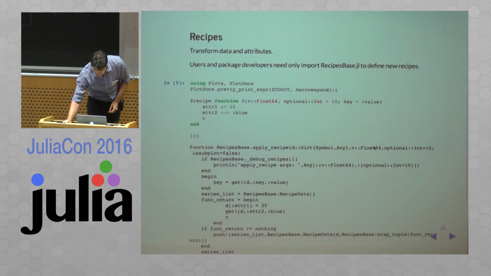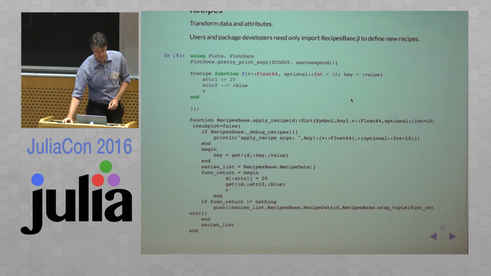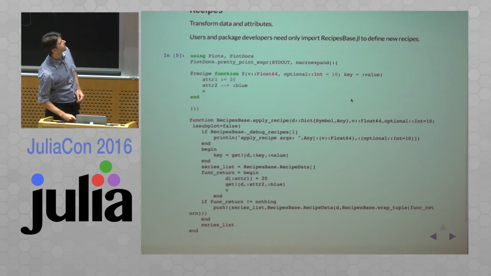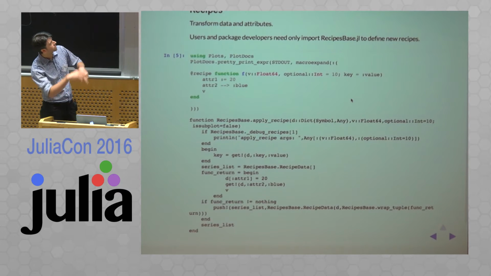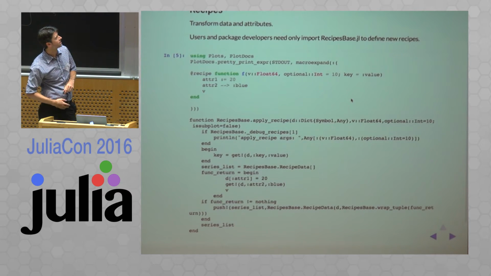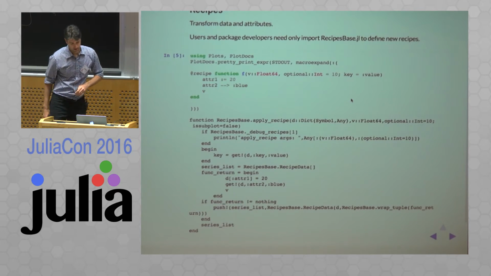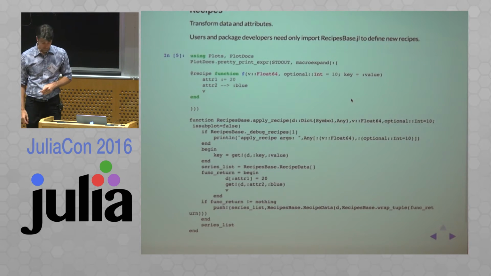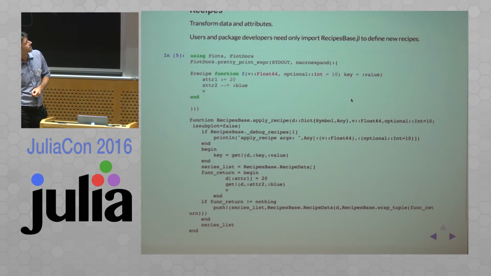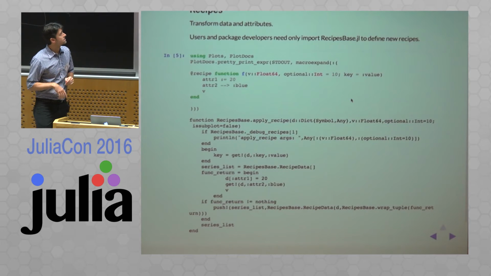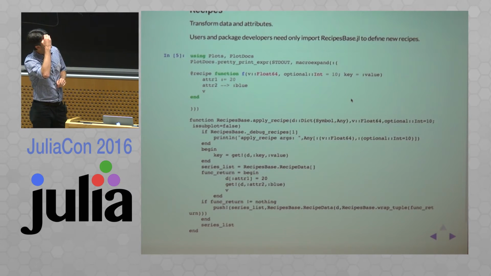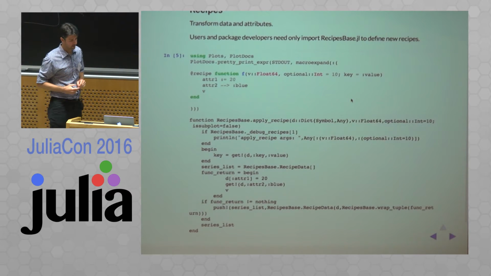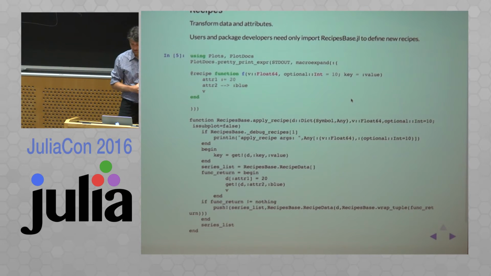So here is an example recipe. I've got it wrapped with printing a macroexpand, but you can kind of ignore that when you first look at it. What I'm doing is I've got a valid Julia function, and I'm putting @recipe at the beginning of that.